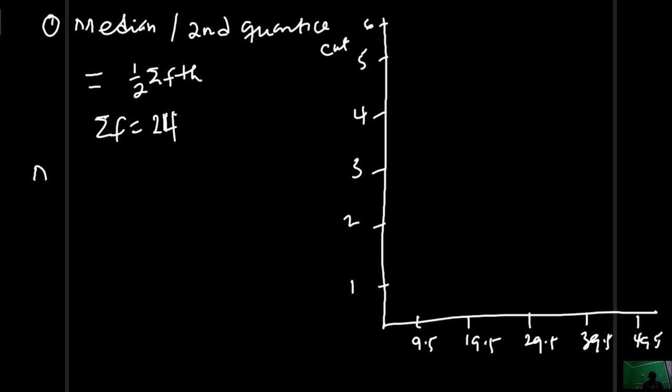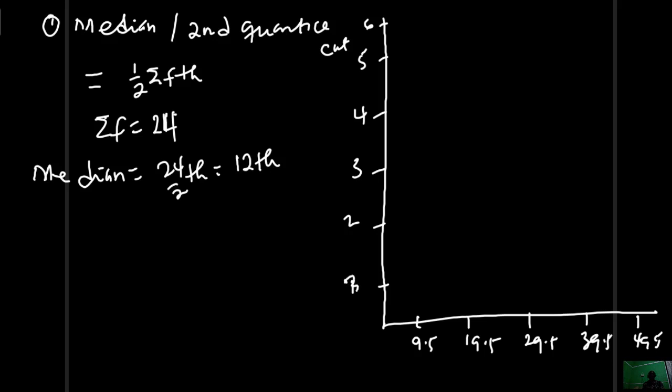So the median position will be 24 over 2 position, which will be 12 position. Good. It should be 12 position. Because of that, let's change the numbers here.